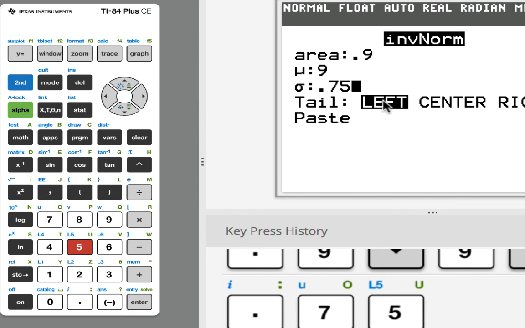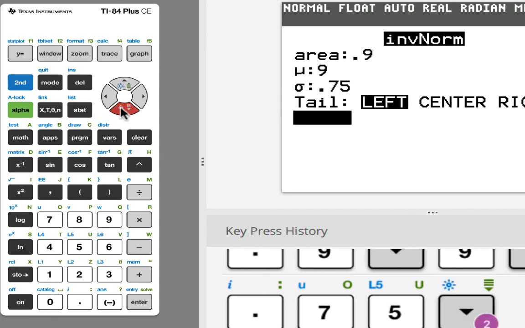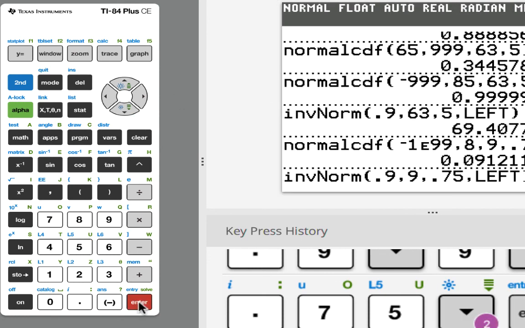By default, it is left. Let it be left. For students who are watching this video, if you do not see tail, that's okay. You definitely will have these 3 on your calculator. Then take your cursor to paste and press enter and enter.